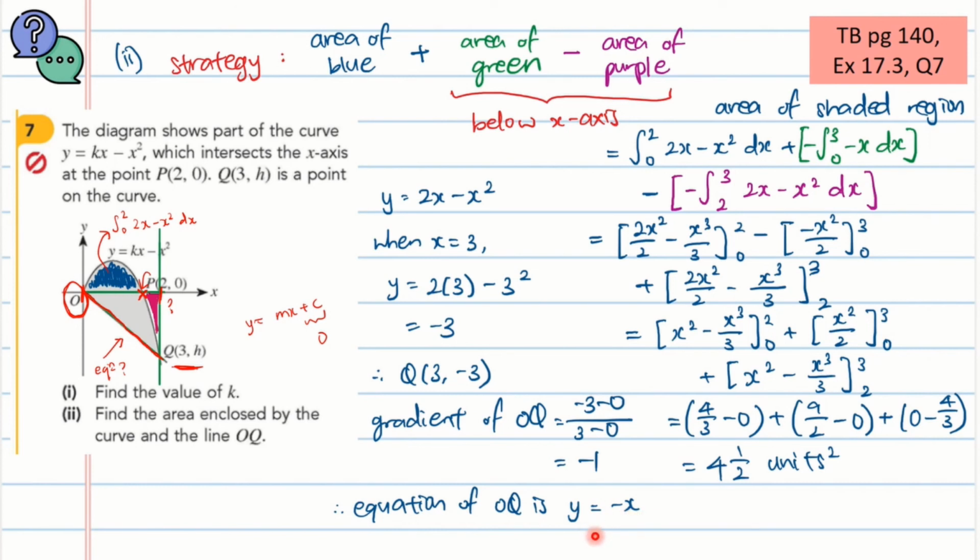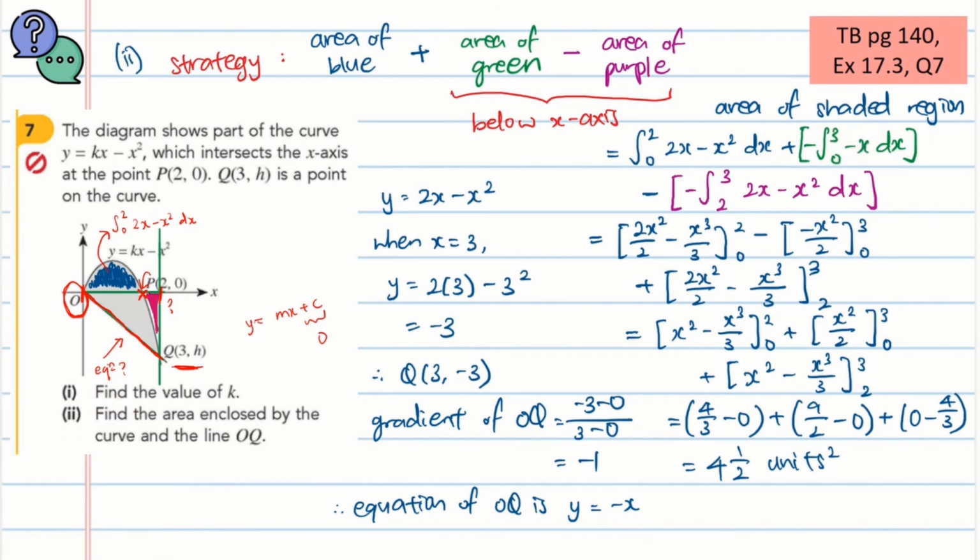Now let's piece everything together. The area of my blue part, which I have already told you just now, is my definite integral from 0 to 2 of the curve dx. Keep in mind that the green and the purple are all below the x-axis, so therefore I need to have this negative sign here. And I'm integrating the equation of the straight line from 0 to 3. Why is it 3?